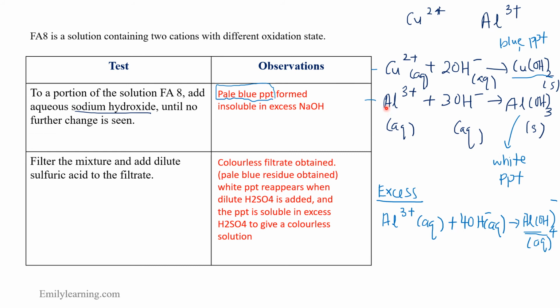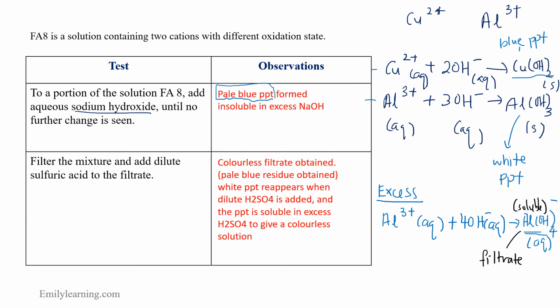When the concentration of Al3+ decreases, by Le Chatelier's principle, more Al(OH)3 will dissolve. This causes your Al(OH)3 to completely dissolve in excess NaOH. Once it dissolves, it becomes the colorless solution. This colorless solution is found in the filtrate, and this is soluble.